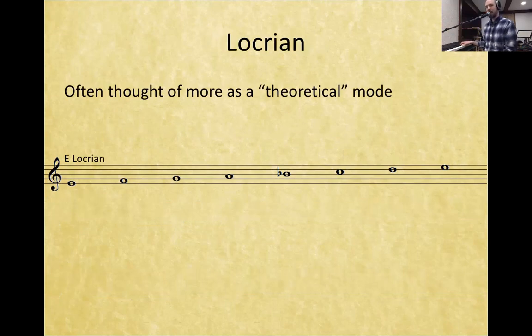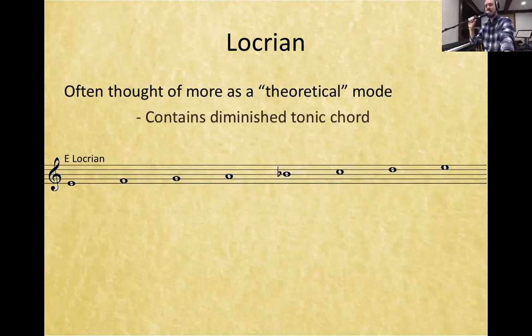Which just is not great. And so if we think about why Locrian is less good, usually I try to not just call things out like this, but with Locrian, you just have to. One of the major issues that Locrian has is that it contains a diminished tonic chord. So E, G, B flat.